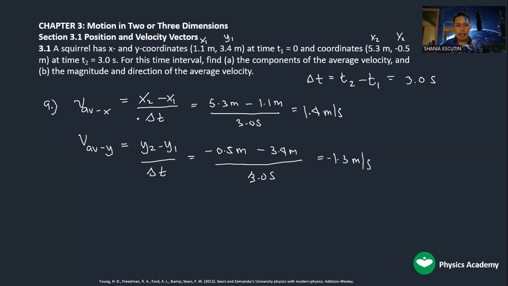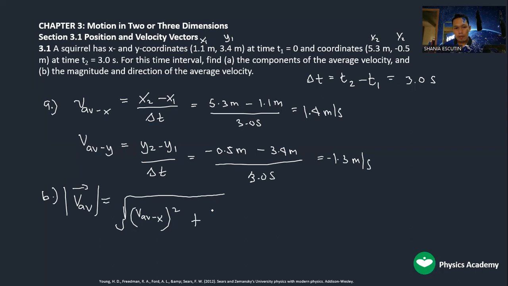So you find the x and y components of the average velocity. And for letter B, find the magnitude and direction. To find the magnitude, we use our knowledge of vectors: the magnitude of the average velocity is equal to the square root of V average along x squared plus V average along y squared.